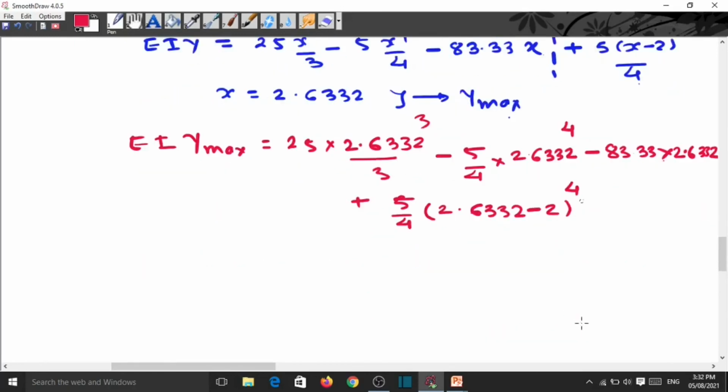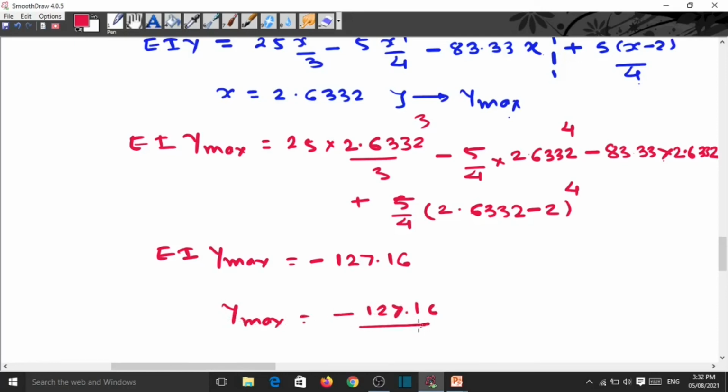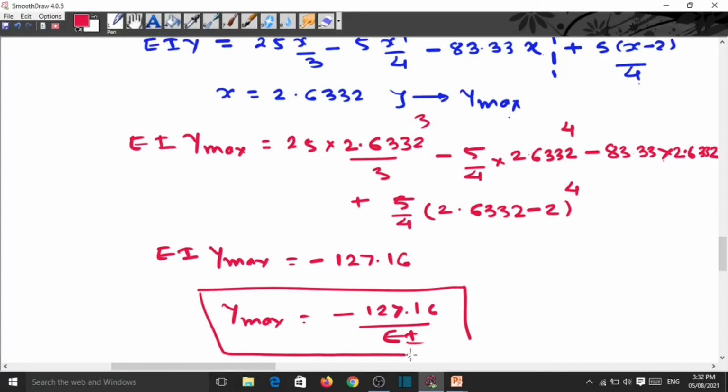So after solving this equation, we got EI y max is equal to minus 127.16. So y max is equal to minus 127.16 divided by EI. So in this way we got the maximum deflection.